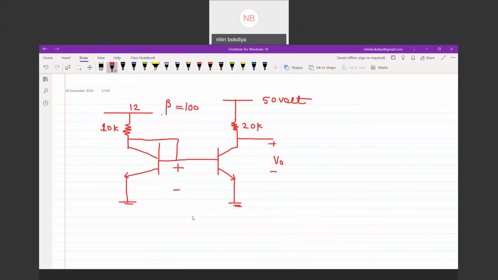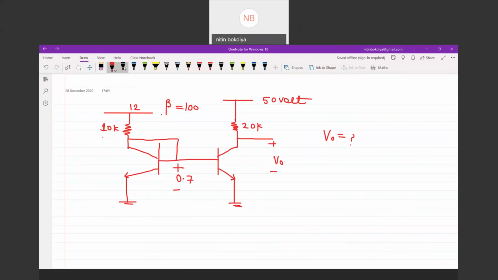So you can say if this voltage is 0.7, what are they asking? They are asking the value of V out. Okay, V out का वैल्यू निकालना है. V out का वैल्यू कितना होगा? What is the value of V out? So if this is 0.7 volt, अगर इसका वैल्यू 0.7 वोल्ट है तो यहाँ करंट कितना होगा?